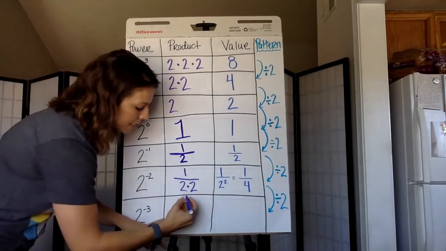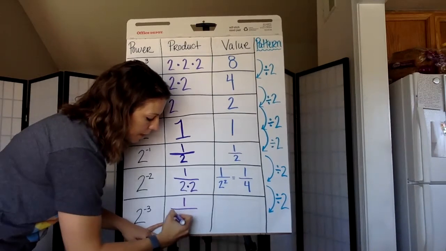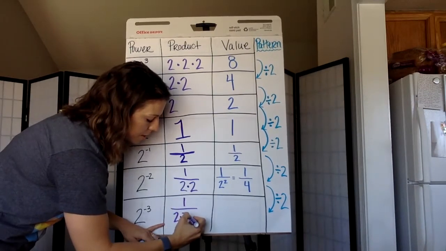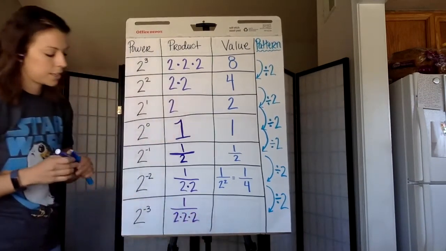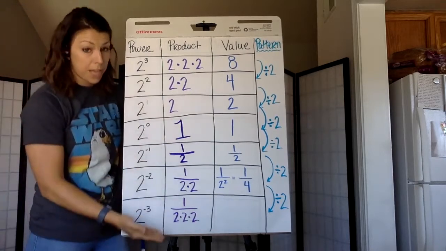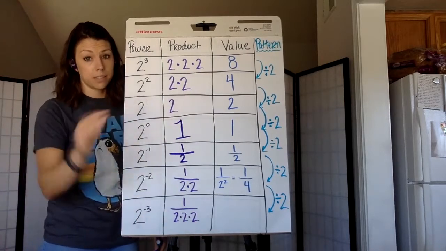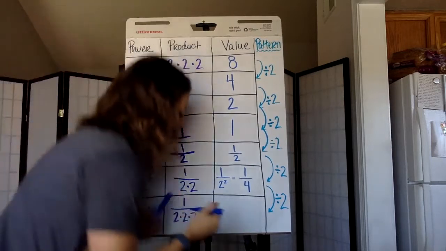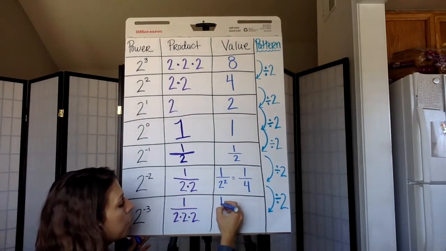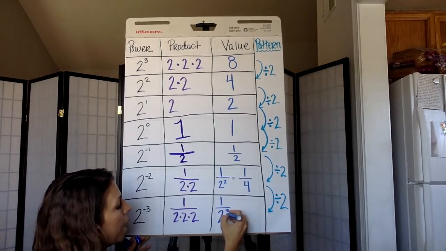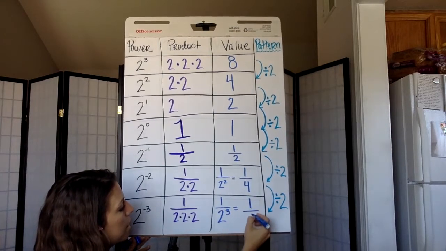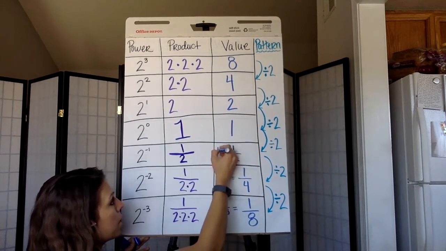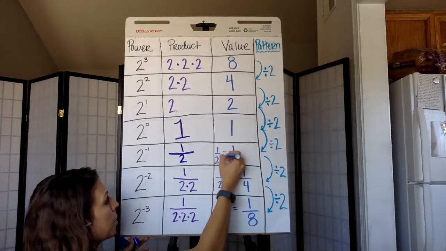So now this is 1 divided by 2 times 2 times 2. Because all I did was divide by another 2, and division means denominator, right? So as a power, that would be 1 over 2 to the 3rd power, which is 1/8. This is 1 over 2 to the 1st power, which is 1/2.